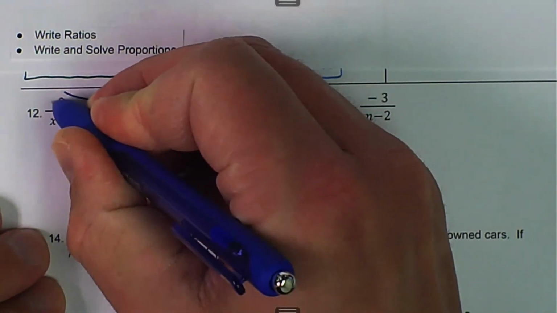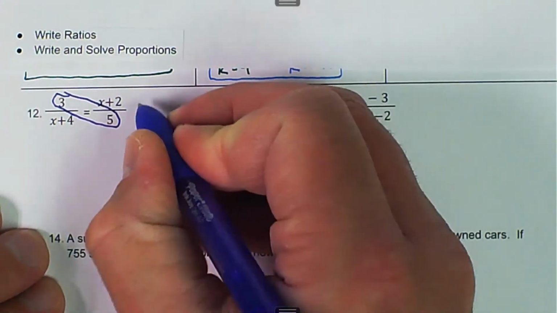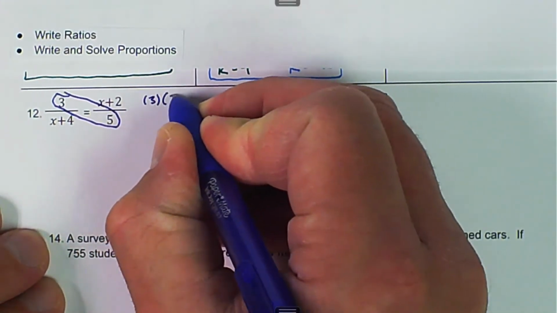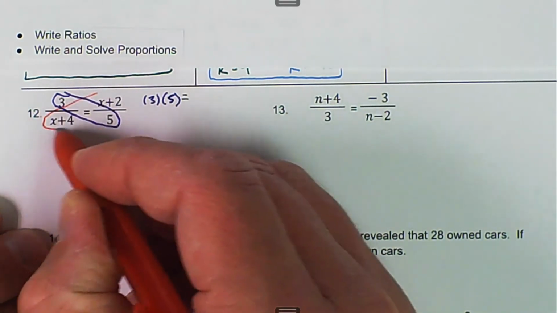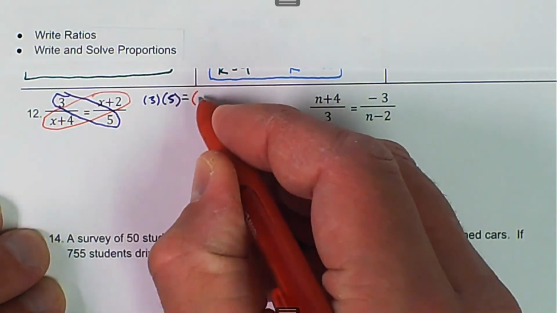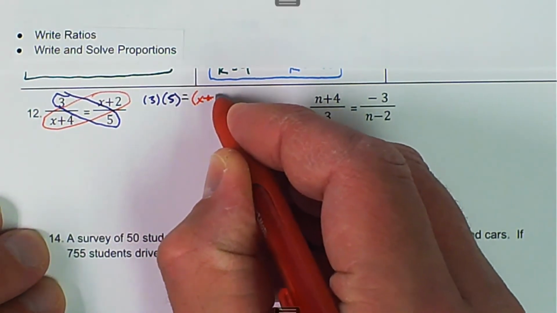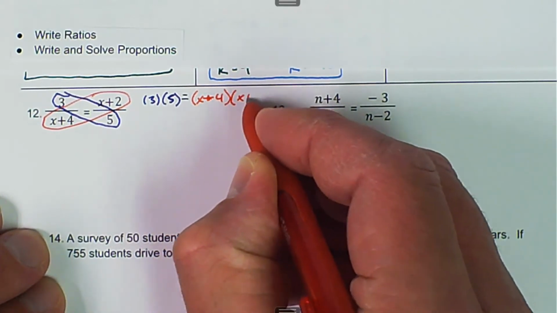So 3 times 5, and that's still going to be equal to our means, which in this case are going to be x plus 4 and x plus 2.